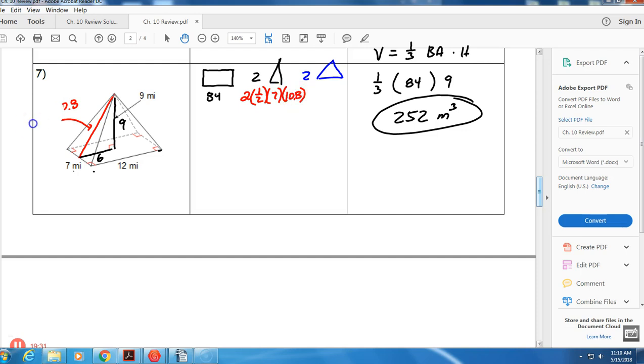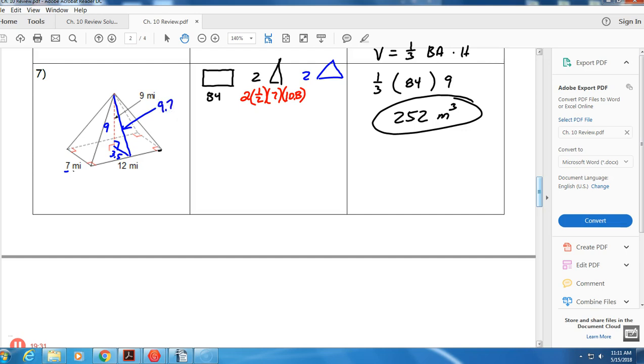And then I'm going to come back and get the blue triangle. So I come over here, I need a slant height, and then make my little right triangle coming the other way. And since this is 7, this little piece is 3.5. This is still 9. And when I Pythagorean theorem that out, I got about 9.7.